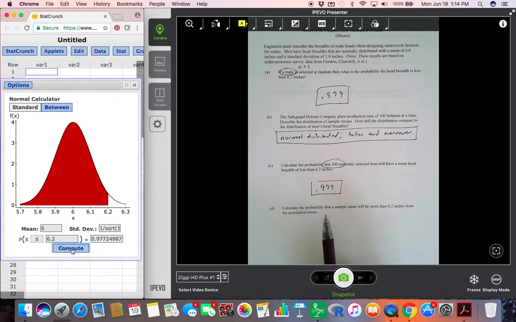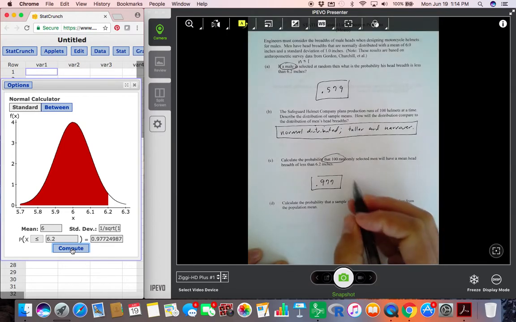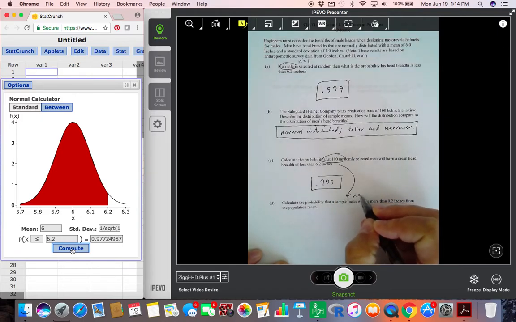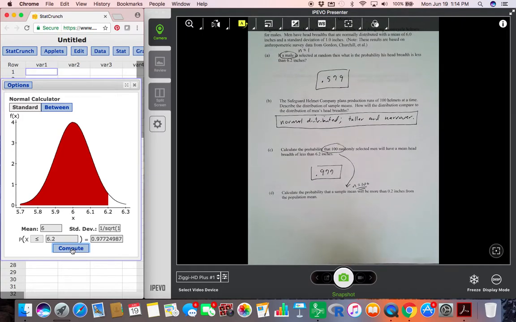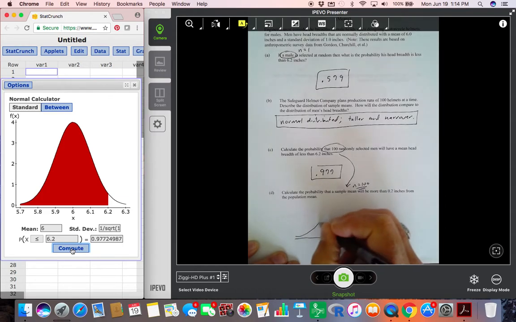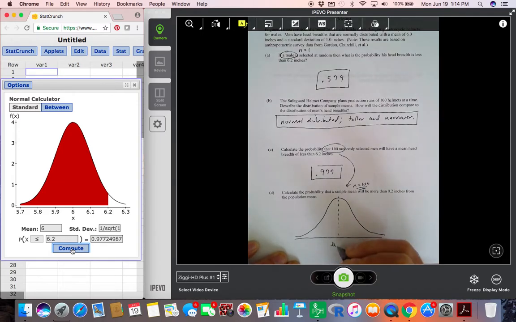Calculate the probability that a sample mean will be more than 0.2 inches from the population mean. And I'm assuming, it's not really clear here, that the sample mean is calculated on a sample size of 100. Now, what you're asking is, you've got your population mean mu sub x bar, and you want to know the probability that a sample mean will be more than 0.2 inches from it.